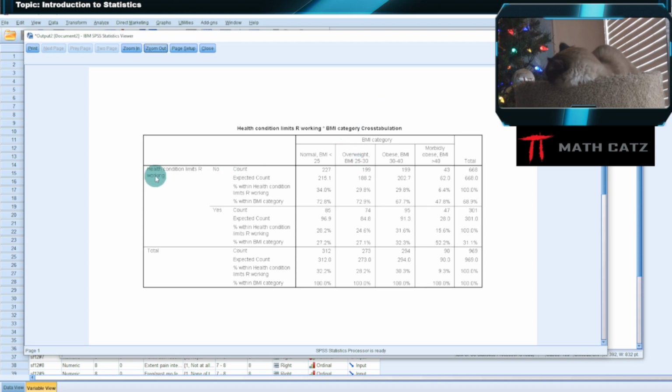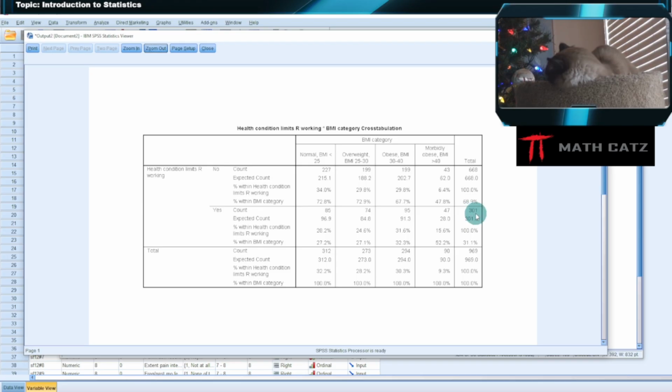We have women that did not have any health limitations and women that did. So overall here, out of the 969 that responded yes or no, we have 668 with no health conditions and 301 with some health conditions.